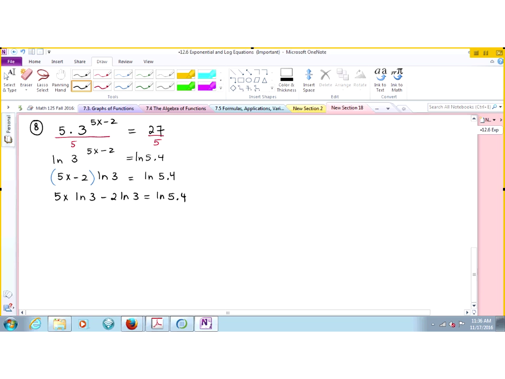All right. Now, I'm solving for x. How many x's do I have? Only one. So I just have to move this number to the other side, because I only have one x, so I have to isolate my x. So 5x ln 3. Now, when I move this number, what will I have? ln 5.4, and this will be plus 2 ln 3.